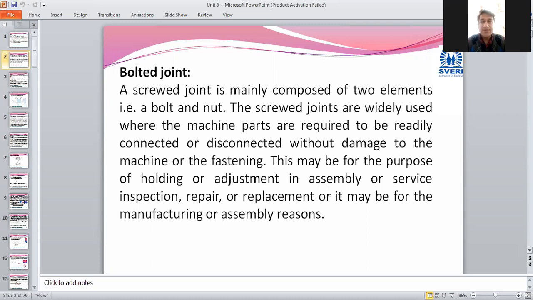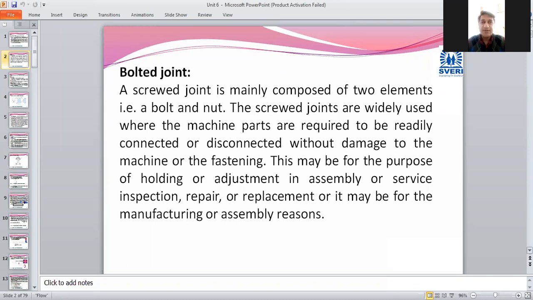And in that case, when we are going to join these members together, then we have these three different options. Either we can go for the bolted joints, as said that bolted joints are easily assembled and disassembled. Where the frequency of assembly and disassembly is high, in that case we can prefer the bolted joints.